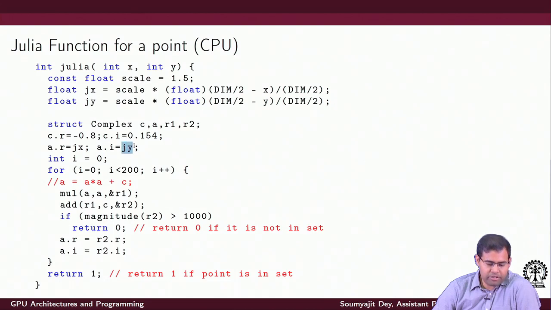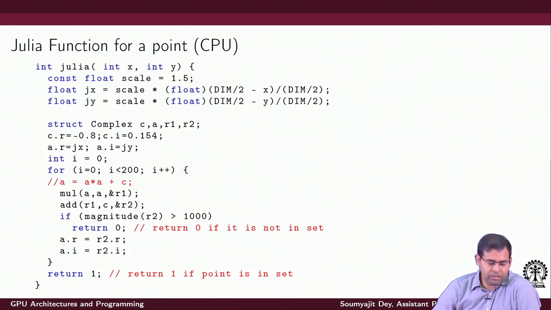We consider that the input value has a real part, jx, and an imaginary part, jy, and then we are inside a loop iterating 200 times, executing the equation a times a plus c, recomputed again and again.